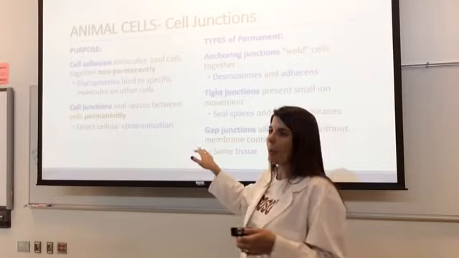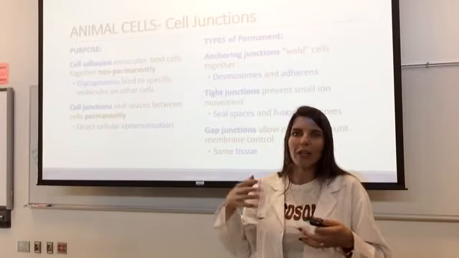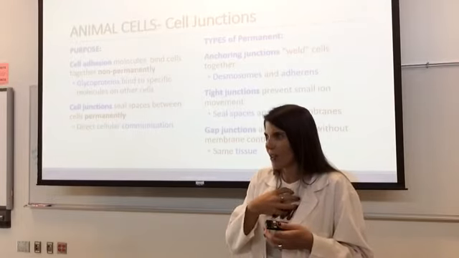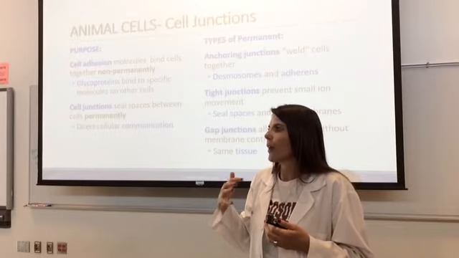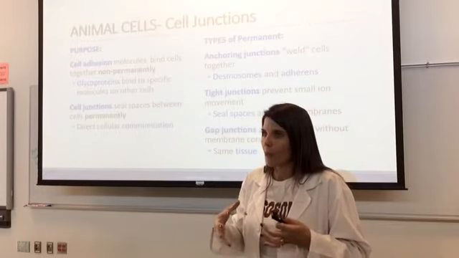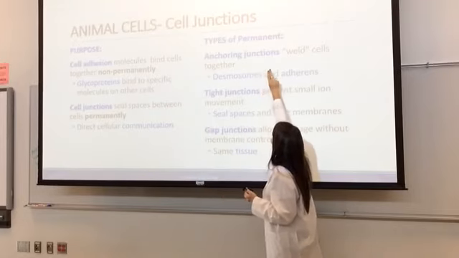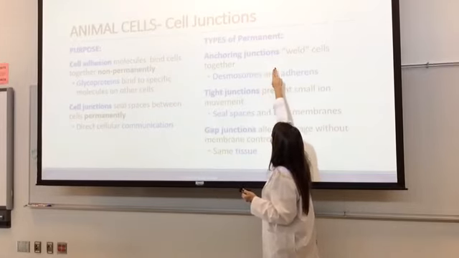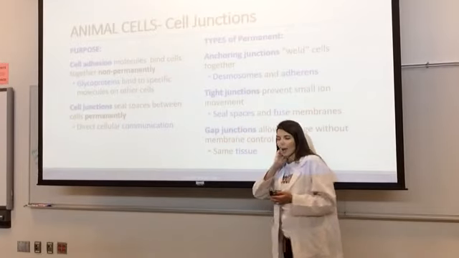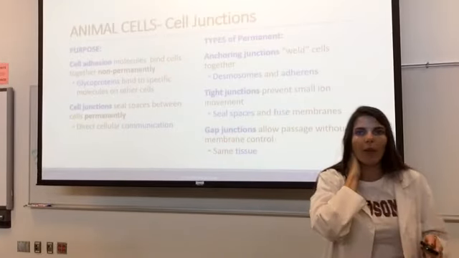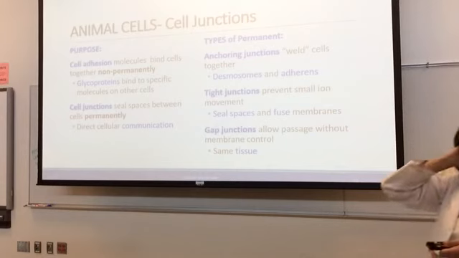But when we talk about permanent cell junctions, we're talking about junctions in between like your cardiomyocytes, your heart cells, or your neurons, stuff like that. Cells that aren't going to move. So when we talk about these permanent cell junctions, there are three types: anchoring, tight, and gap. And we're going to pull that common sense card again because you know I love to pull common sense.